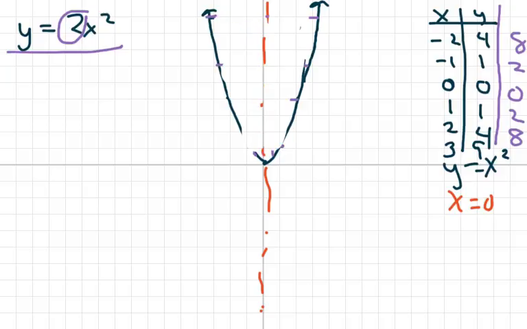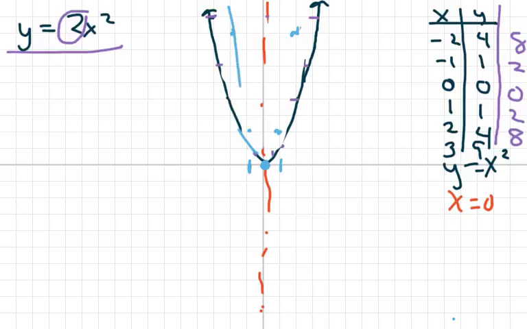And draw this. So basically, I'm still starting at 0 because 0 times 2 is 0. But when I go to 1, 1 is going to go to 2. Also on this side, negative 1 goes to 2. 2 goes to 8, and here's 8. All right, 2 to 8.